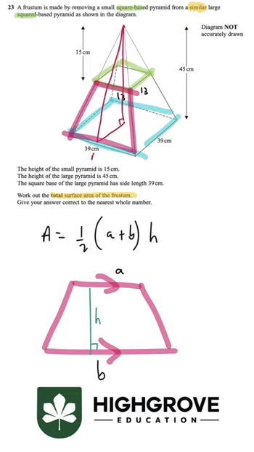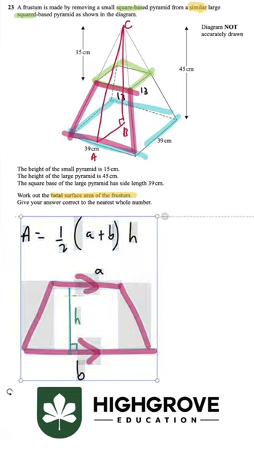I'm just going to label this shape A, B, C, and I'm going to note that this vertical height here of this shape is 45, and this length here will be precisely half of this length here. So if we divide 39 by 2, we get a length here, AB, of 19.5. Let's draw out that triangle and see what we can work out.